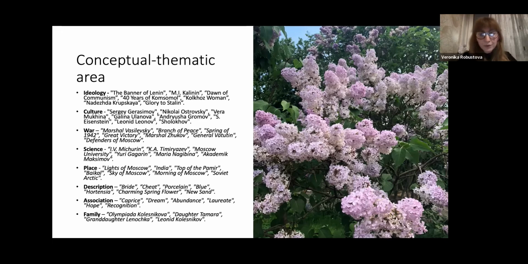And then science, of course, and that's about Michurin, Timiryazov, Moscow University, Yuri Gagarin, Marina Gibina, academic Maximov. Marina Gibina was a researcher at Lomonosov Moscow State University, and she helped Kolesnikov to study biology and botany, because Kolesnikov was not a scientist, he was a driver, and lilac breeding was his hobby.